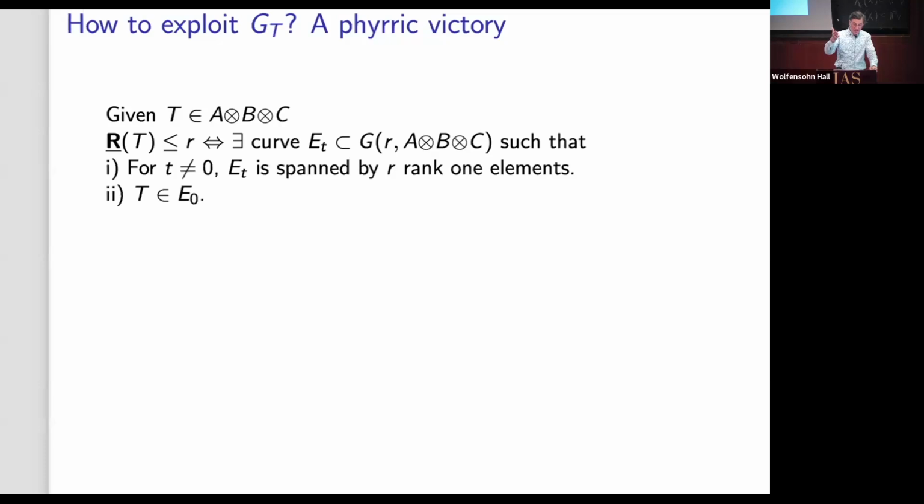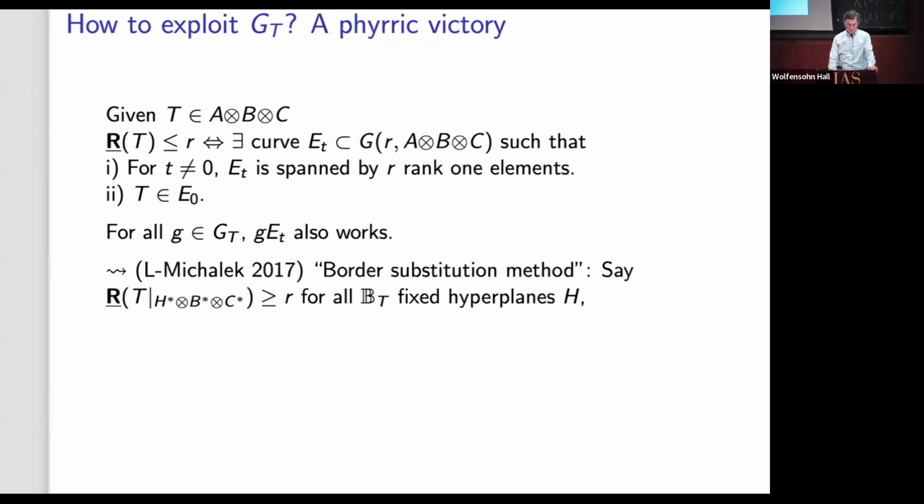And in the limit, the point we care about, T, is in the limiting R-plane. Now if we have one such curve and our tensor has non-trivial symmetry, we get a lot of them, because we can act on it by our group. And this led us to what we call the border substitution method.